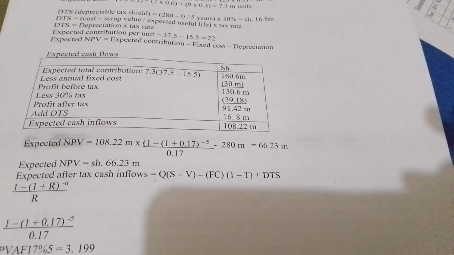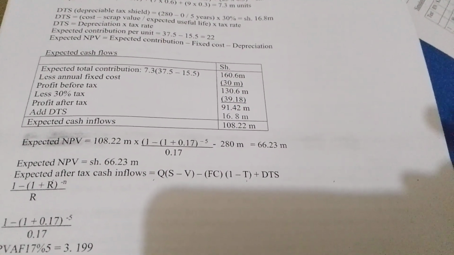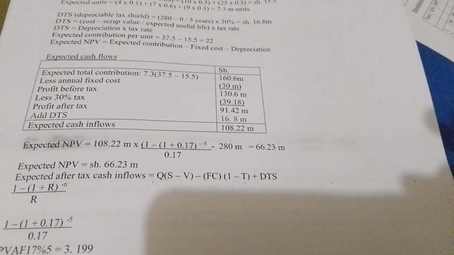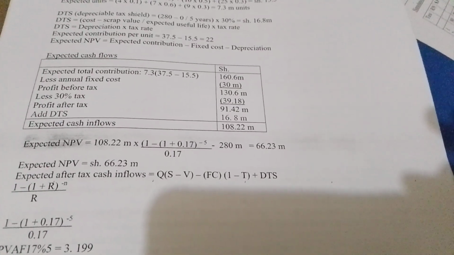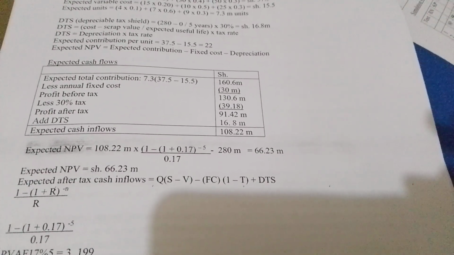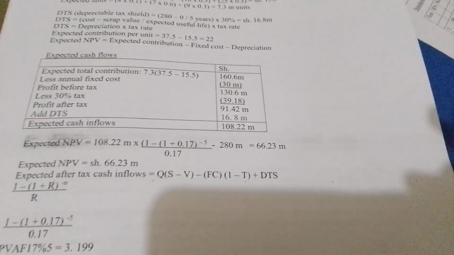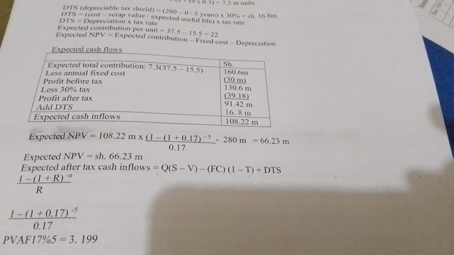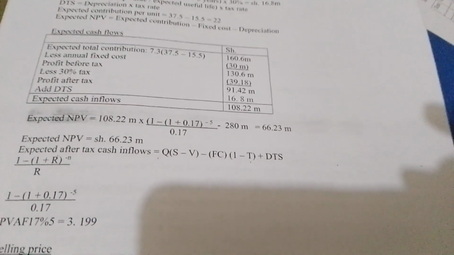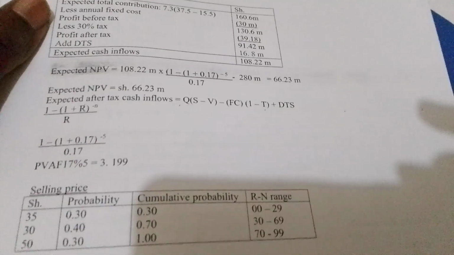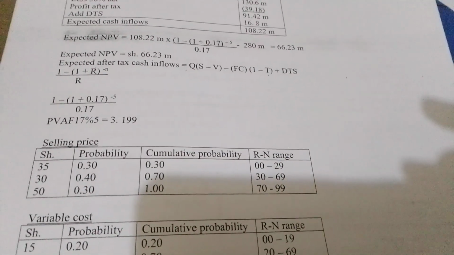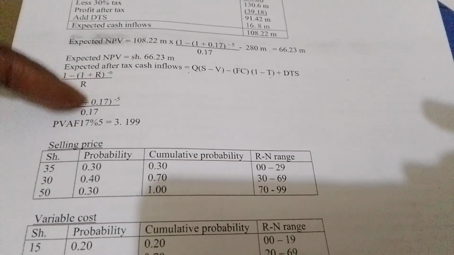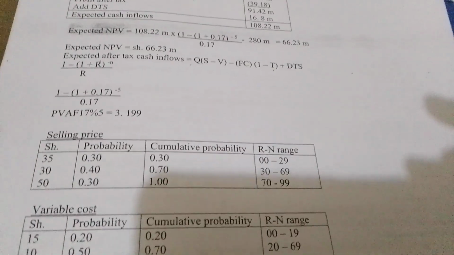We calculate the present values of those cash flows, then we less the initial capital outlay of 280 million. 280 million is already given in the question, and our expected net present value is 66.23 million. Other similar workings are here. You can just go through these and understand that.